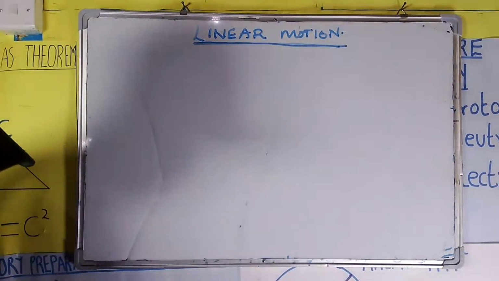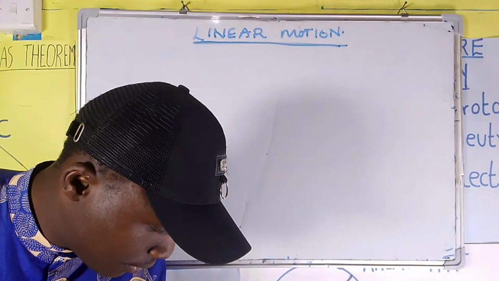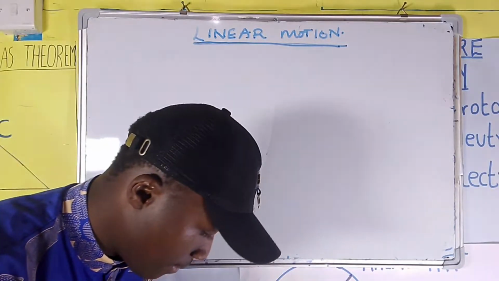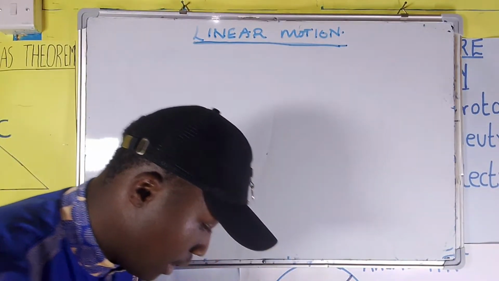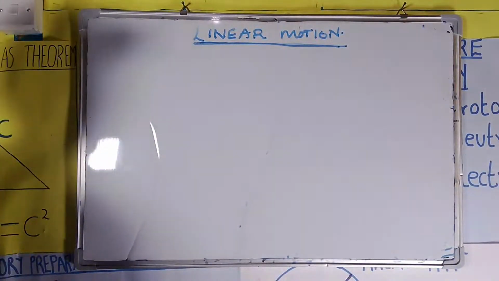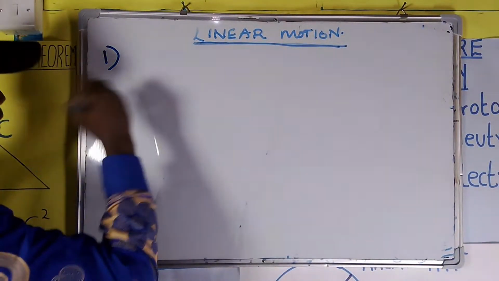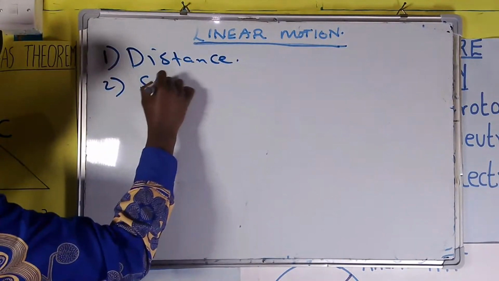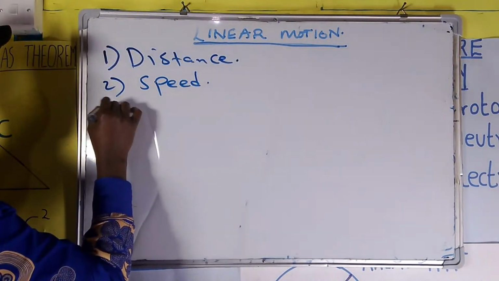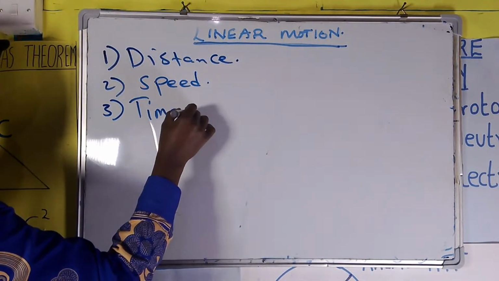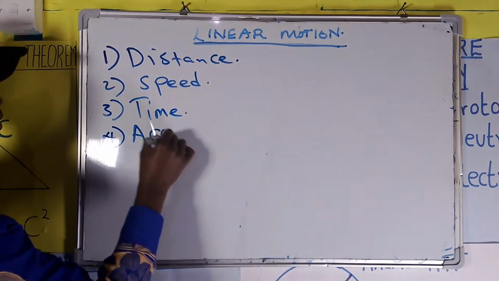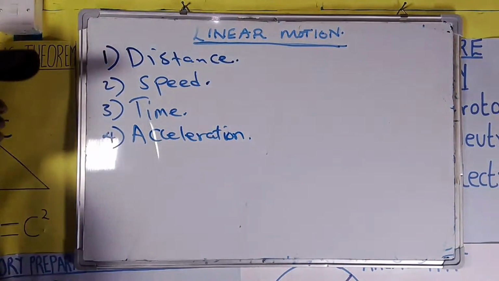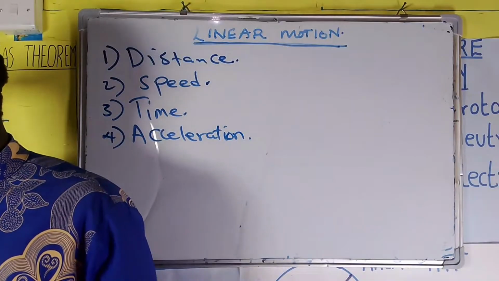Linear motion. This is the topic where we will be learning about three things. In linear motion, we will be learning about distance. We will also be learning about speed, time, and acceleration. Distance, speed, time, and acceleration.